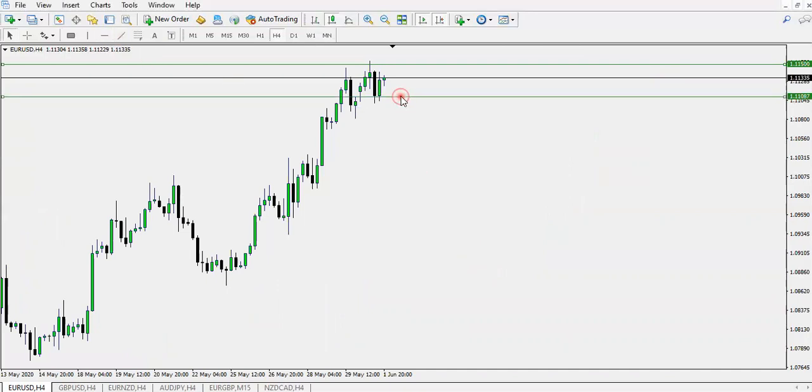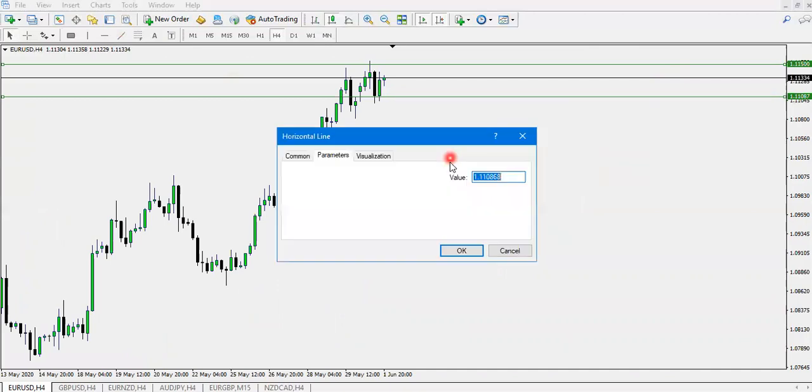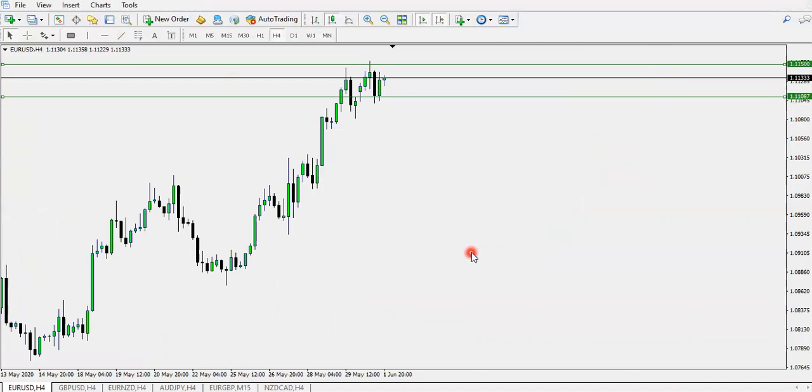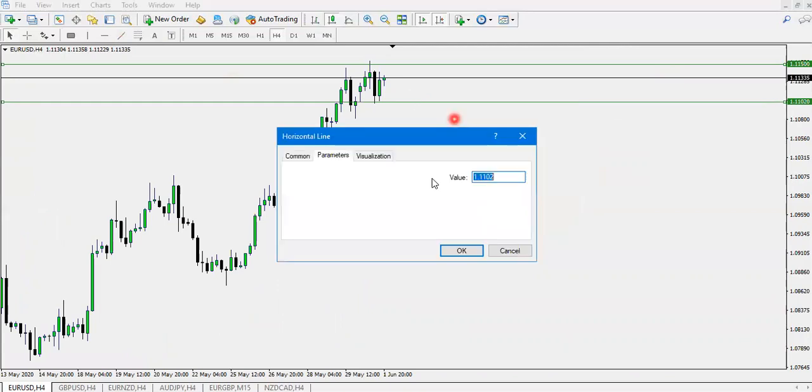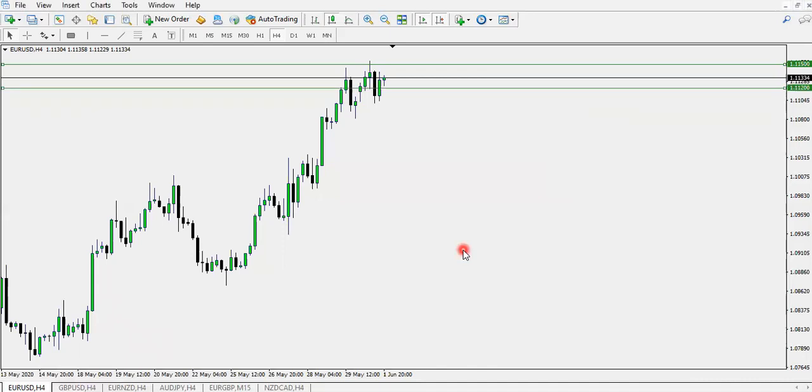So we're going to add up our 200 level here. Sorry, made a mistake on that one. 200. And then, of course, we have our round number figure about there.